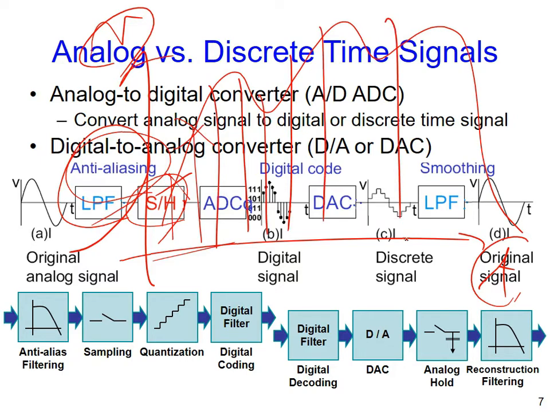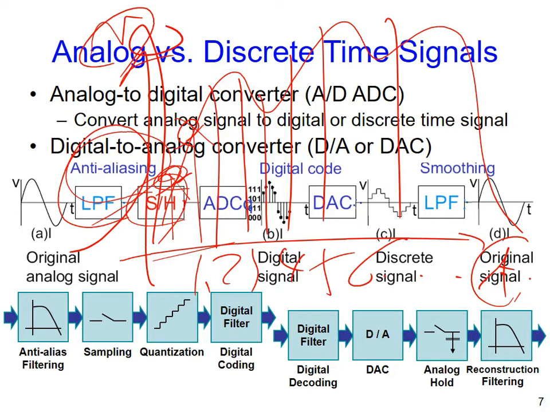However, I need to warn you, after sampling, the magnitude is still continuous. After sampling, what is the voltage of your samples? Maybe 1.2, 3, 4, 5, 6, and so on, all the way to infinity. So in the voltage domain, after sampling, it is still continuous.